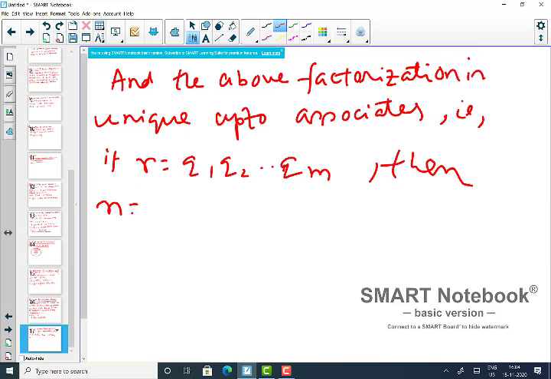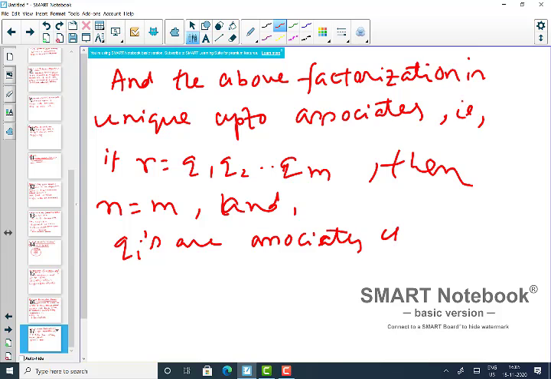First of all, n has to be equal to m, and these Qi's are actually associates of the Pj's. So Q1 may be an associate of P2, Q3 may be an associate of P1, something like that.